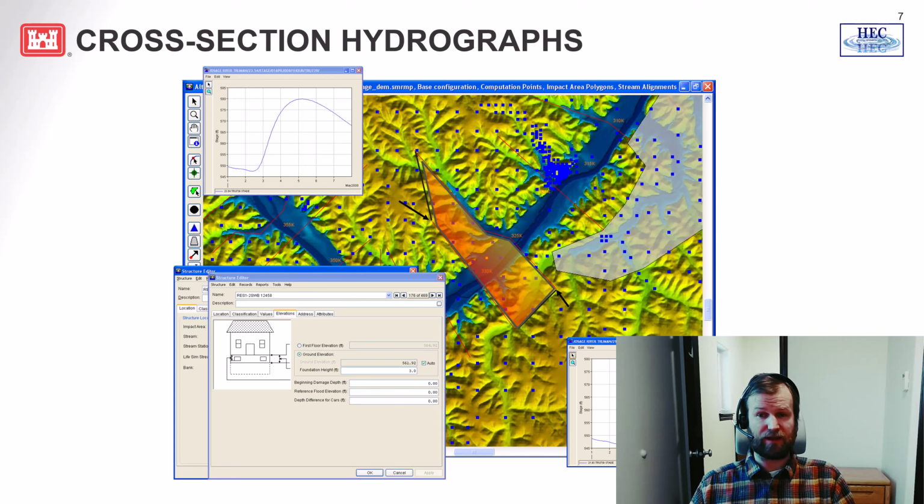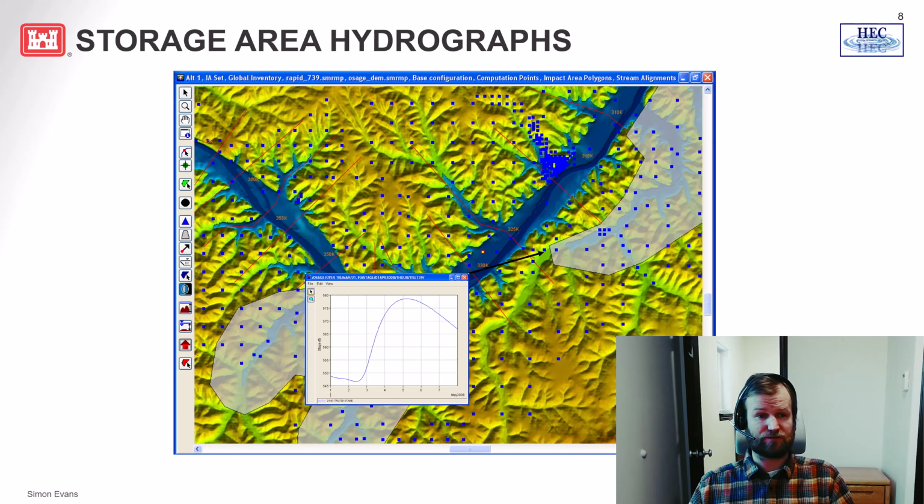And then we can find, for this event, the max depth at that structure. Storage areas have a single stage hydrograph, but the structures can be at different elevations within the storage area. So therefore, each structure will get a different max depth.